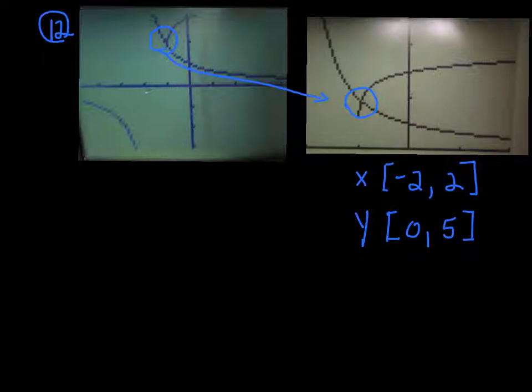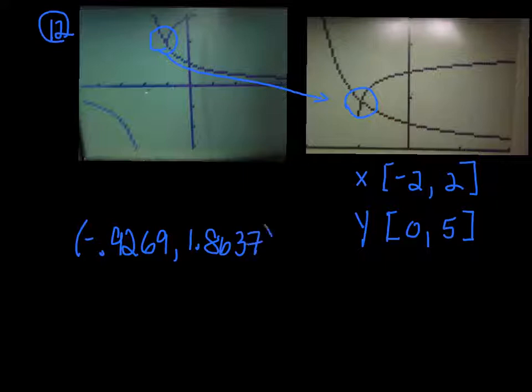So again, that just gives me a better picture. It's up to you. Then all I did was second calc intersect. When I do that, I got -0.9269, comma, 1.8637. And when you round that, you will see that it most closely resembles choice 2.